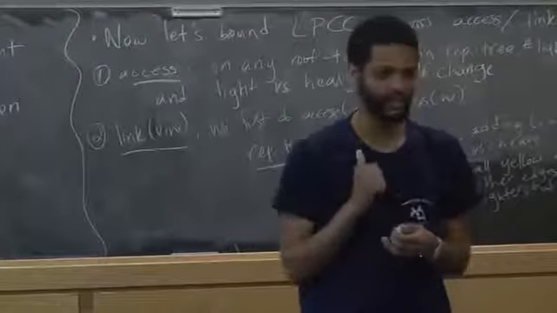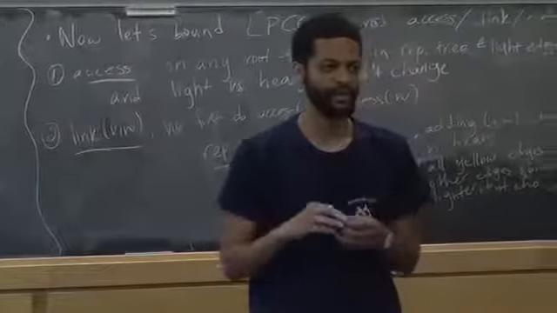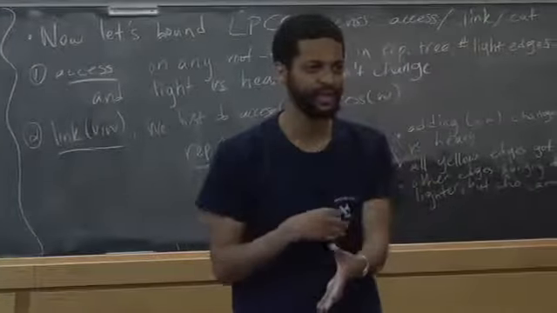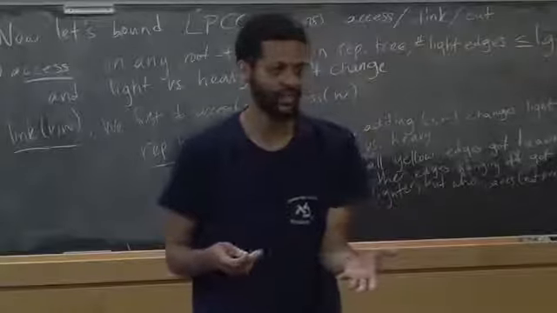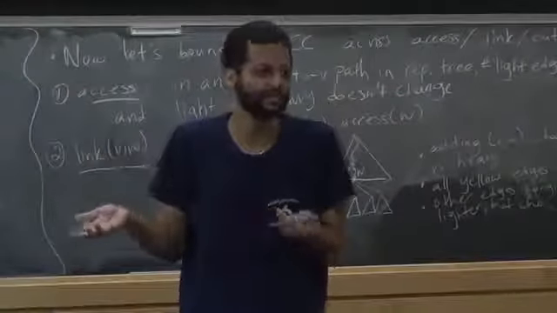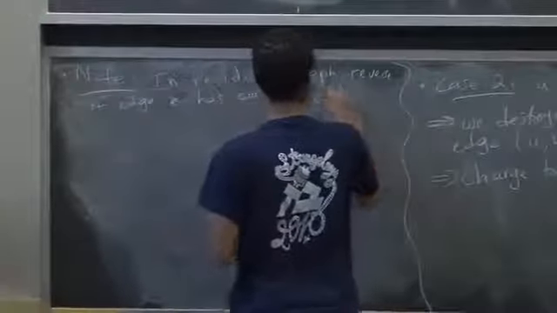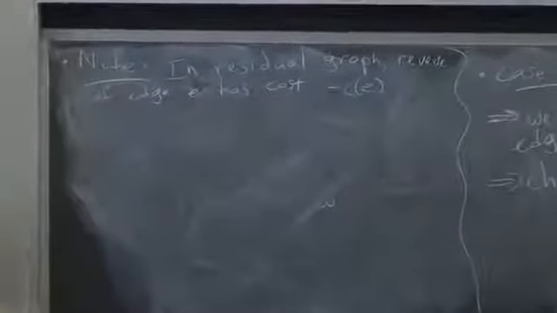But the reverse edge will also appear, with whatever amount of flow we're pushing on it, because we can send that flow back. But with what cost? Yeah, the negative, because if you push that flow back, then you retrieve the cost that you paid. So just keep that in mind. It has cost minus C of E.